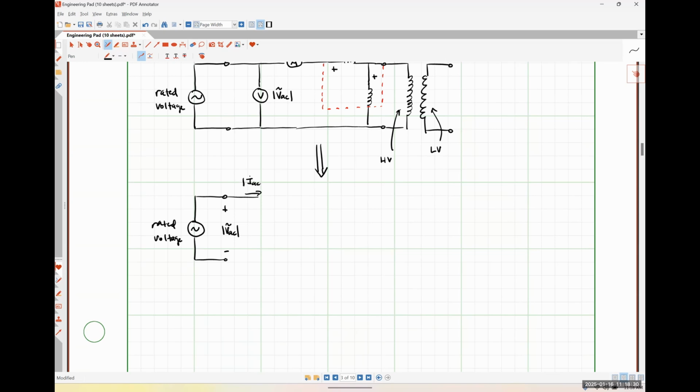Here's that current IAC that's measured by our ammeter. And then now I'm going to connect my transformer equivalent circuit over here on this side really quickly.